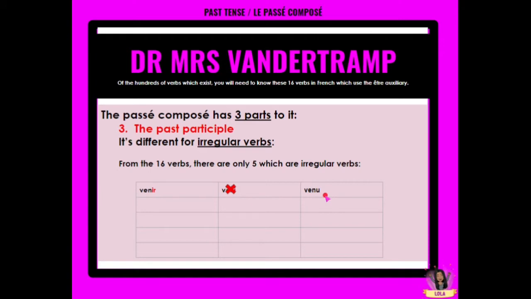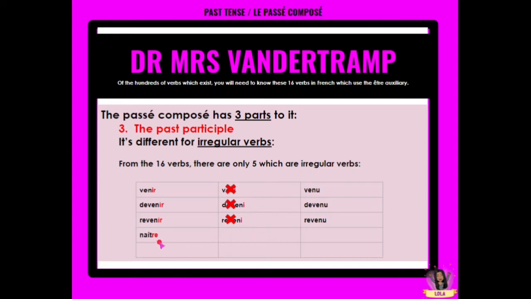So this is irregular. The second verb we have is devenir. Again, you might think it becomes devenir, but it doesn't. It actually becomes devenu. And the next one is revenir. Again, you might think it becomes revenir, but it doesn't. The IR does not change to I, it changes to U, so we get revenu.